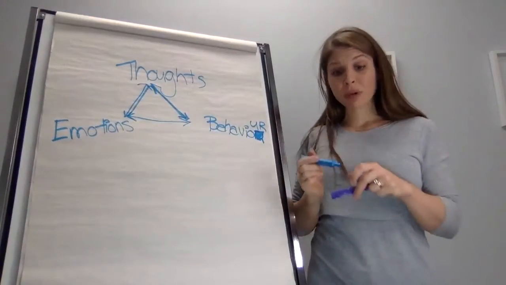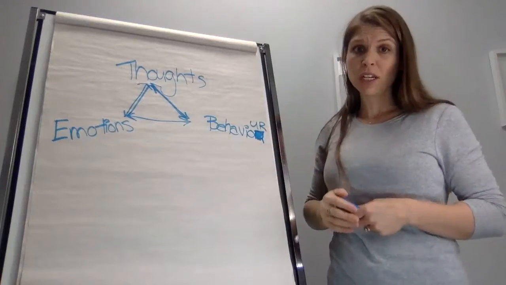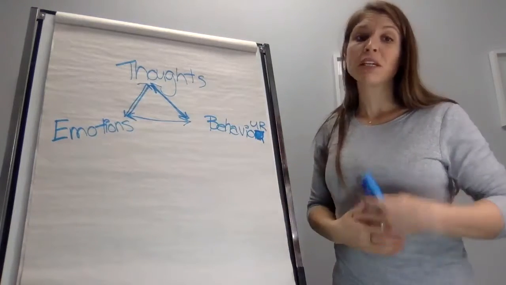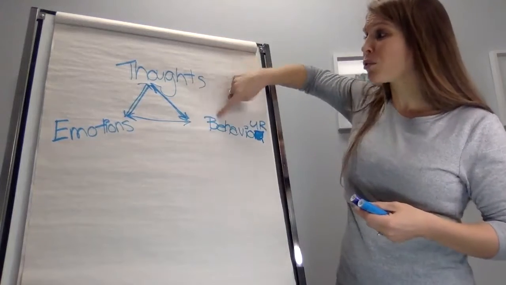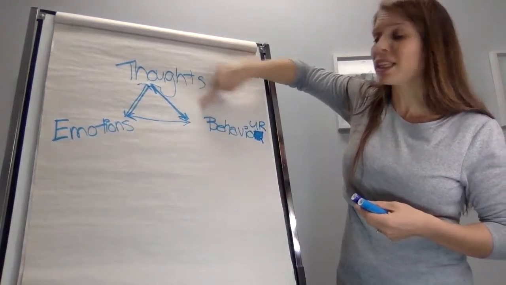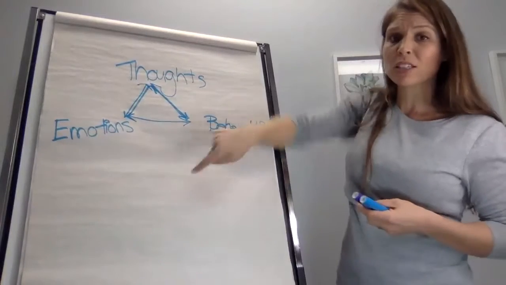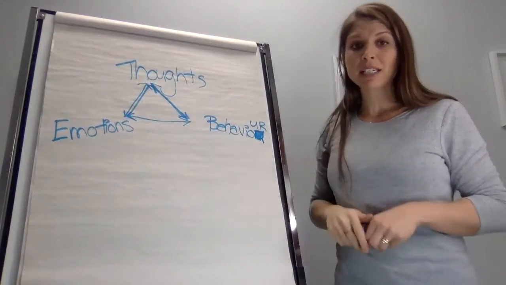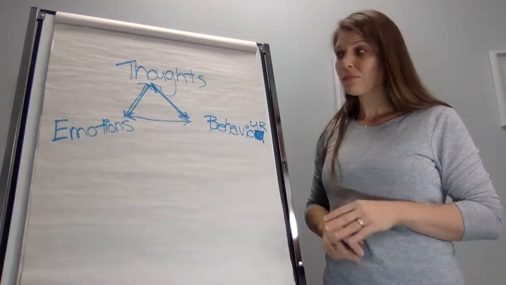It's really important to acknowledge that there isn't a specific order that you can go in. We will go through it in one order just because that's easier when I'm teaching a tool, but the interdependence goes both ways. So it's not that thoughts only impact emotions; our emotions definitely impact our thoughts as well.